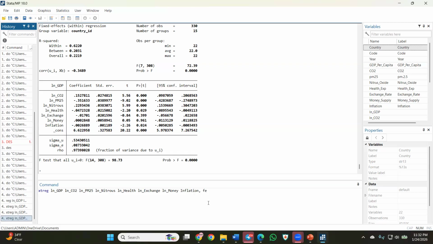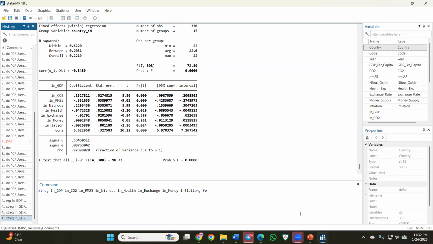There are some differences in the countries which we did not account for. That's what we call the unobserved. We are not observing them. There are some differences like culture, location of the country, placement of the country on the map, the country's management styles. Those things, we did not include in the model.